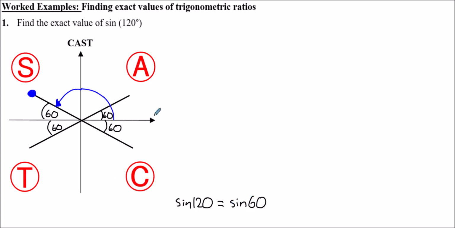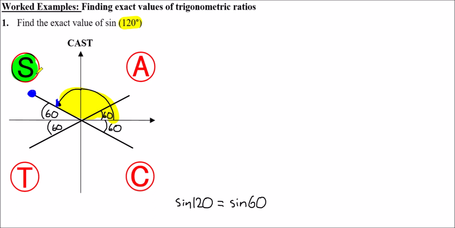Now, this is where the CAST diagram comes in. Because sine 120 degrees means we're in this quadrant here. So that's 120. And this point is clearly in the S quadrant.